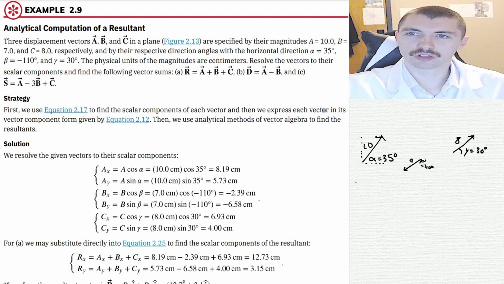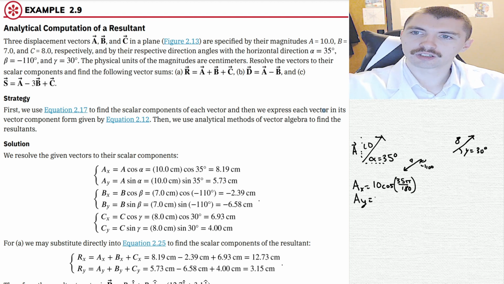So if we recall, this is A, then AX is 10 cosine, AY is 10 sine.